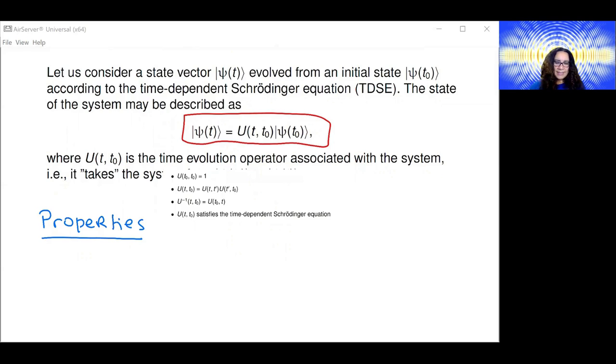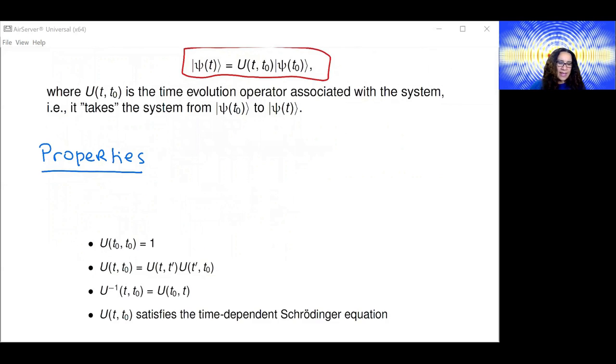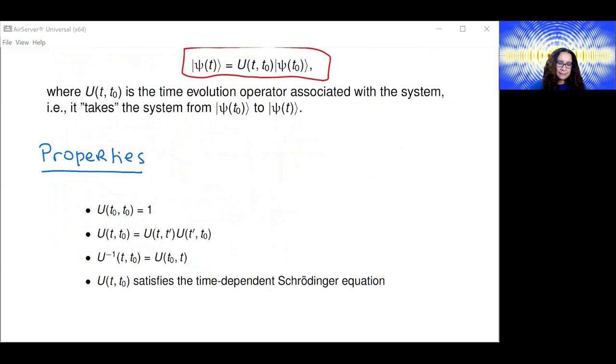Here are the properties. The first one is that if you write U(t naught, t naught), so you want to take your system from a certain time t naught to the same time t naught, this is going to be the identity operator. It's fair enough, it shouldn't change, right?